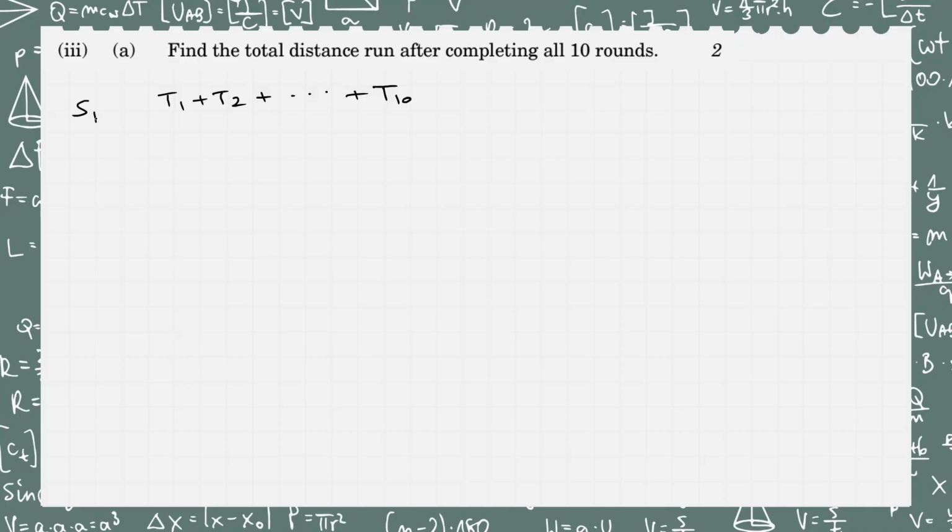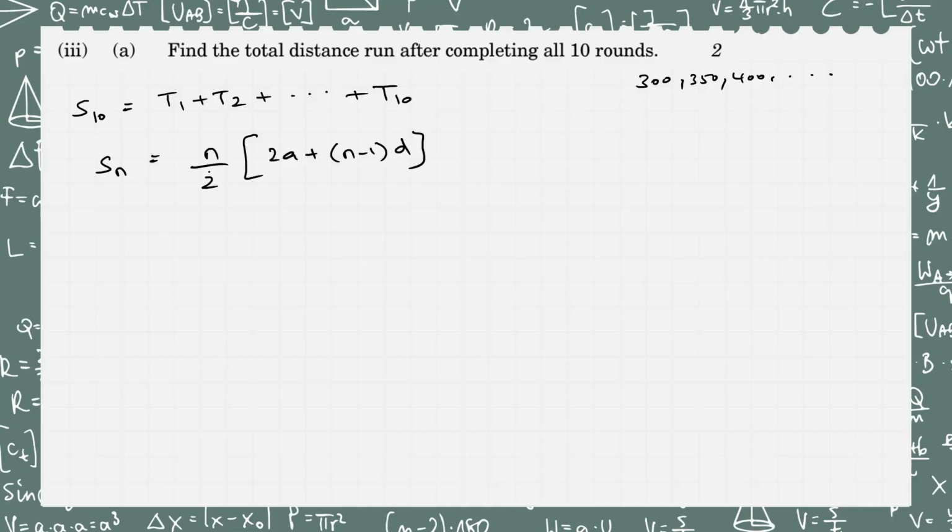So this is nothing but our S10, right? And since in this given AP we have 300, 350, 400, etc., and the term 10 is not known to us right now, we can use this formula, Sn equal to n by 2 into 2a plus n minus 1 times d, right?